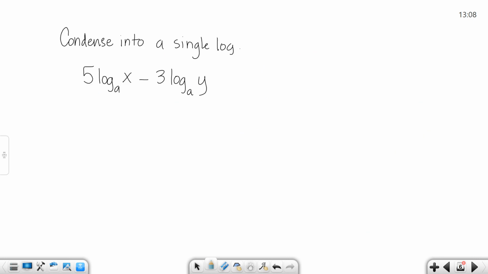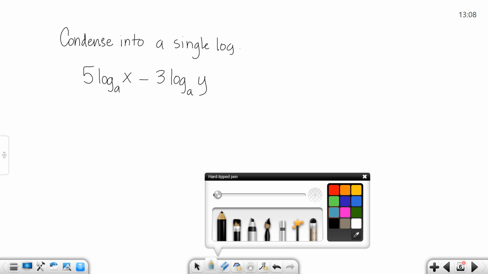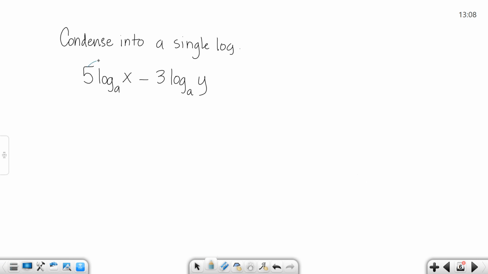I ask you to condense into a single log. That means at the end of this, you're going to have a log base A of something. That's what we're looking for. A single log means one log. Okay, so working this in reverse, what I know we have to do is put our powers up.